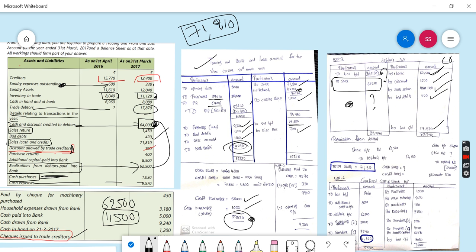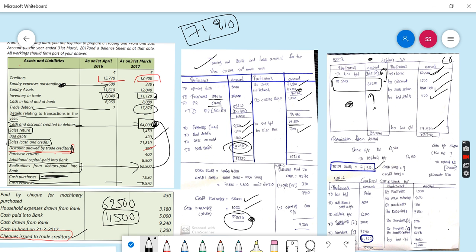Obviously we cannot find out the credit sales because we cannot balance the debtors account. If you find out how much is cash sales, then you can find out the credit sales. So total sales is 71,810. If you find out how much is cash sale, then you can find out the credit sale.